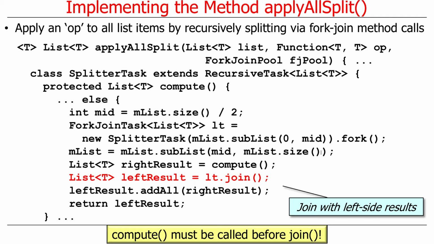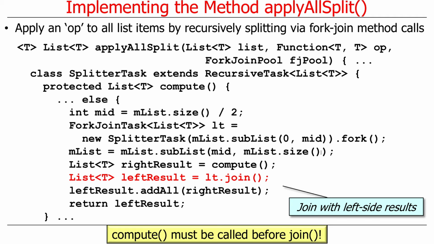So after compute is done, we're going to wait for the left-hand side of the list to finish. That'll give us a sublist with the results of the left-hand side. And then we take the left-hand results and we add the results that came back from doing the right-hand side computation. So now we've got a complete list with all the results, and we return that merged list as the result of compute.